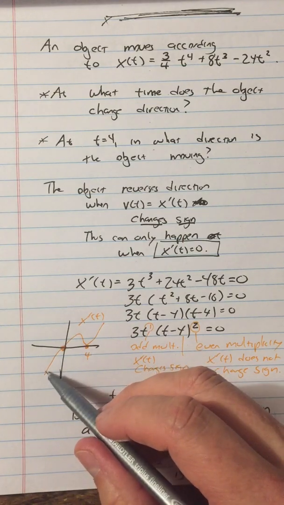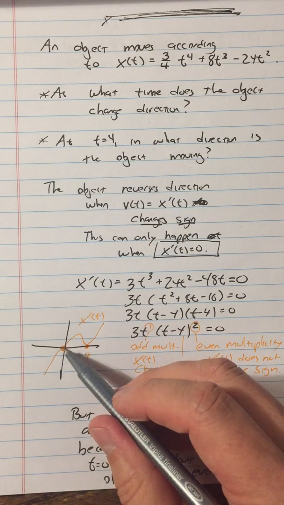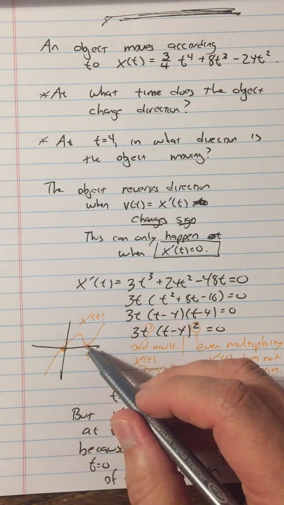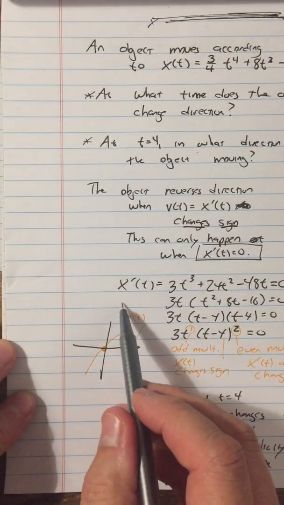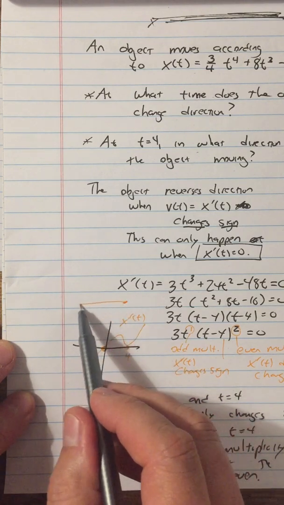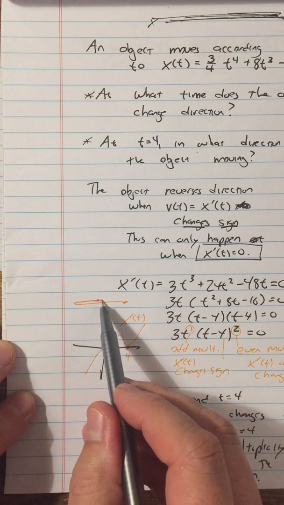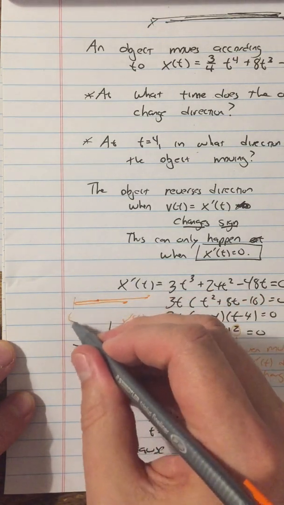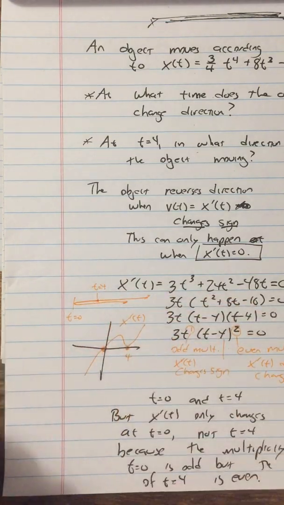The object is going to the left until it hits 0, and then it starts going to the right, faster and faster, then slower and slower, stops, then faster and faster again. So basically the object starts out moving to the left, then changes and moves to the right, and then at t equals 4 it stops, and then keeps going on to the right again. This is what happens at t equals 0, and this is what happens at t equals 4.